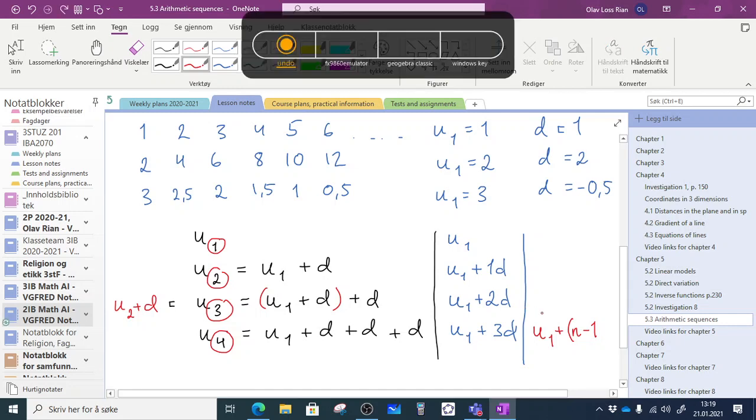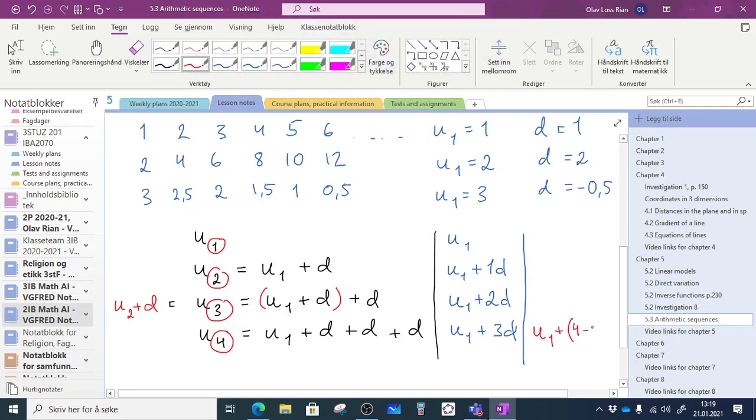So, let's put in 4 for now, that's fine. 4 minus 1 d. U3 would be U1 plus 3 minus 1 times d.